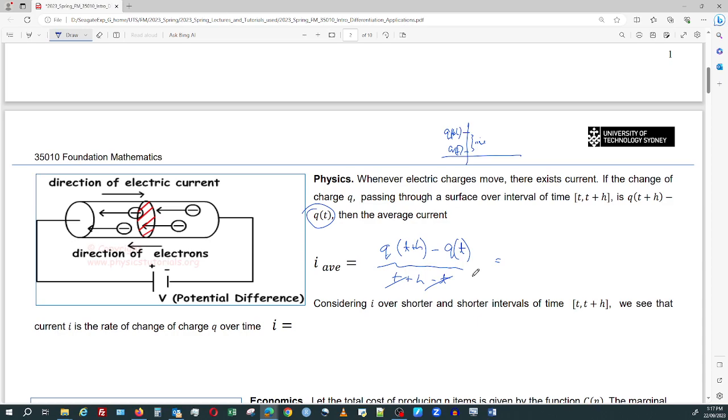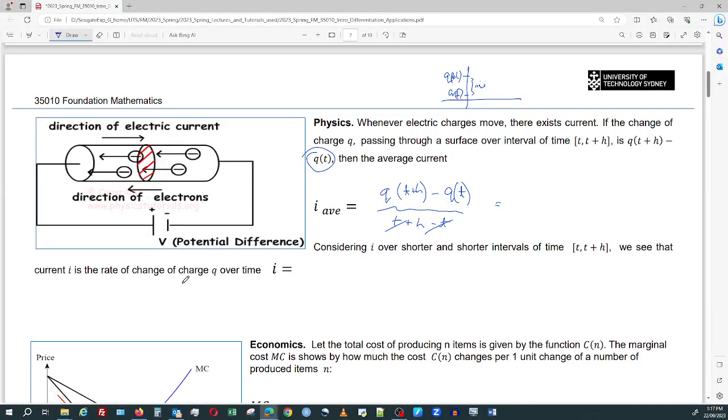Okay, but what about if we do it over a very small increment of time, delta t? What will that give us? Well, our insurance policy comes in, and as h gets smaller and smaller and smaller, we effectively say that for all intents and purposes it takes on 0, and where we are is actually the gradient at that point. There you go.